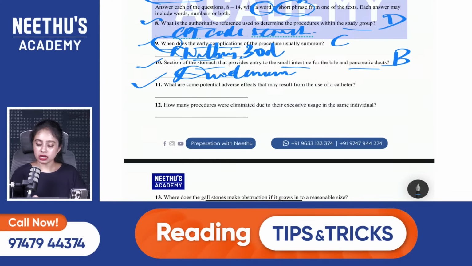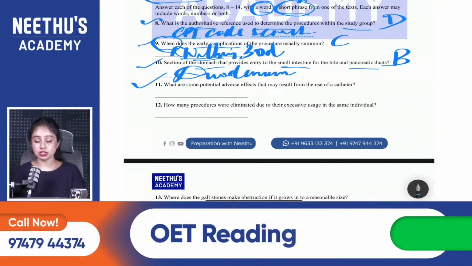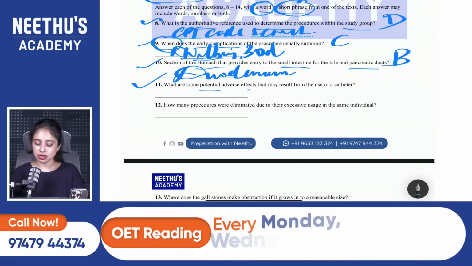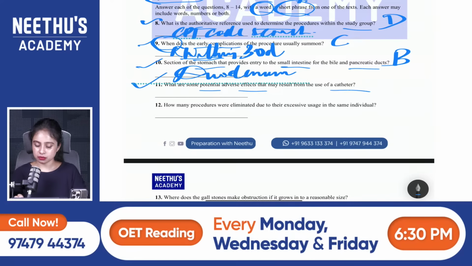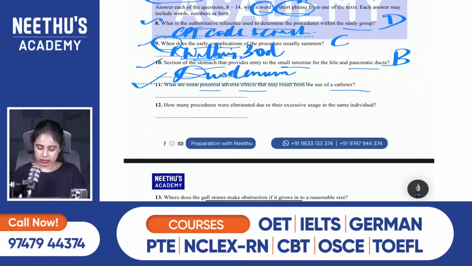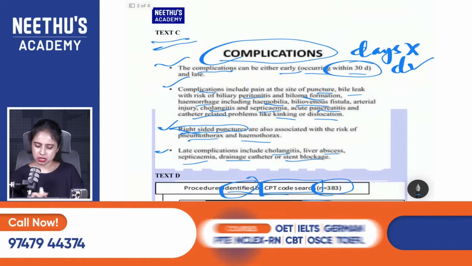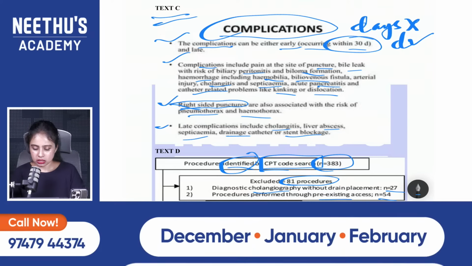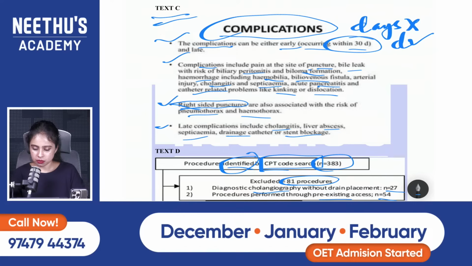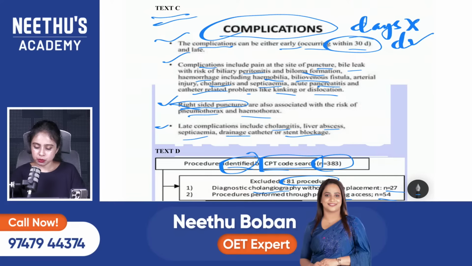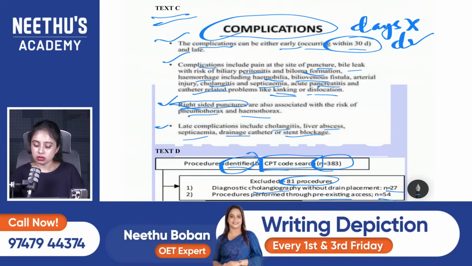11th one. What are some potential adverse effects that may result from the use of a catheter? So, potential effects, catheter. If you're using a catheter, what can happen? I think that's mentioned in C. Complications are allowed. Using a catheter, what can happen? I think here, somewhere here. Fistula, catheter related problems like kinking or dislocation.